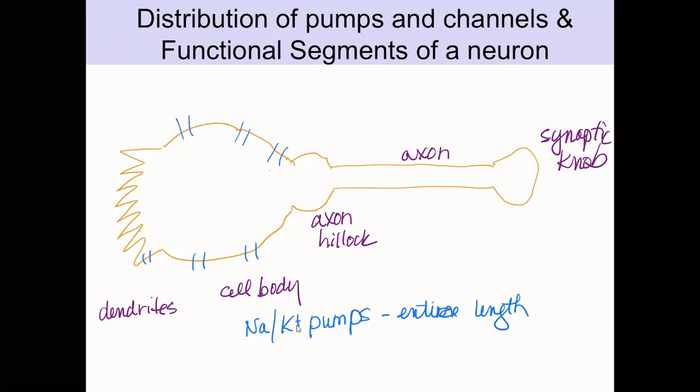I'm just going to write that here instead of trying to draw them, and I'll explain more about them in a minute. So sodium potassium pumps are the entire length. The other thing that's the entire length are sodium and potassium leak channels. So they're all over, they're everywhere.